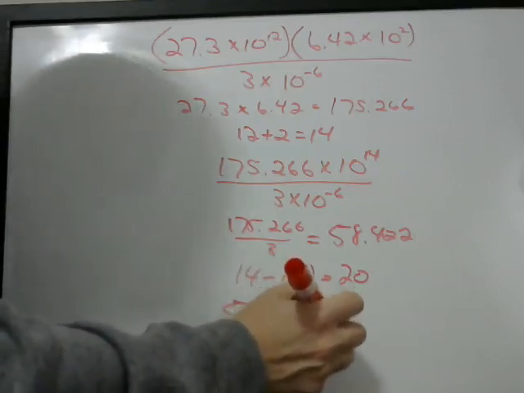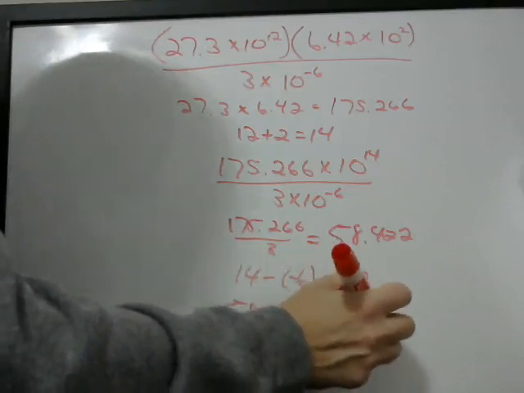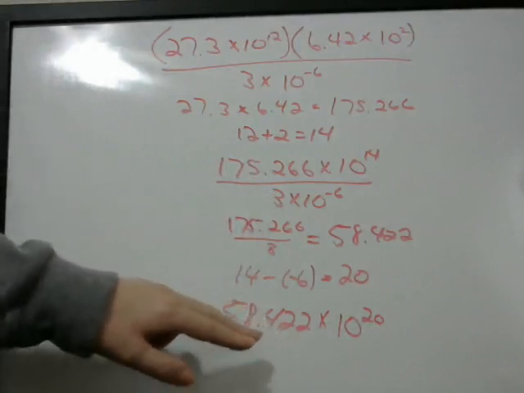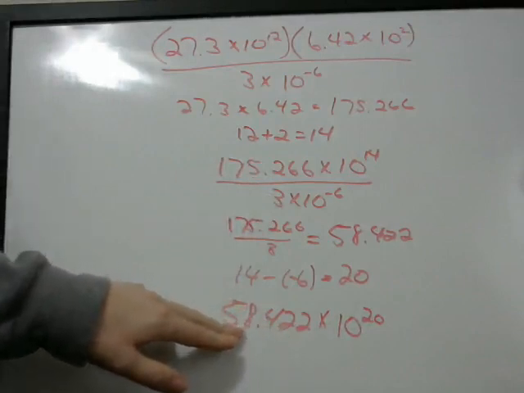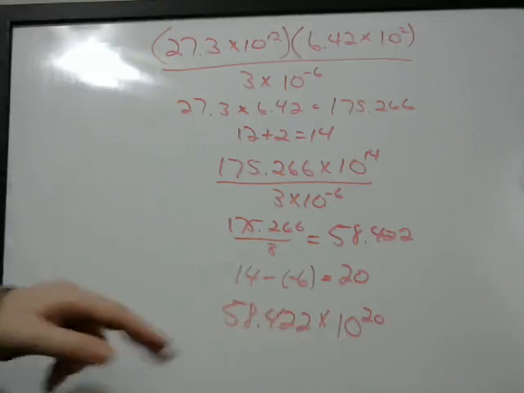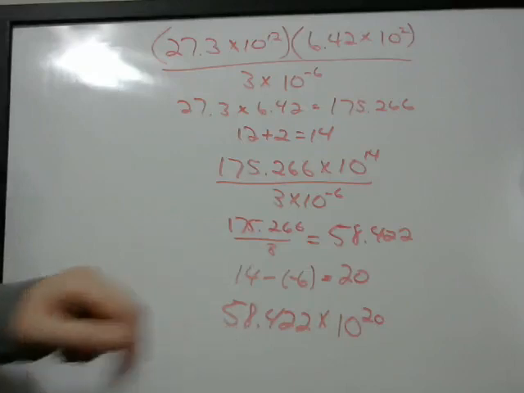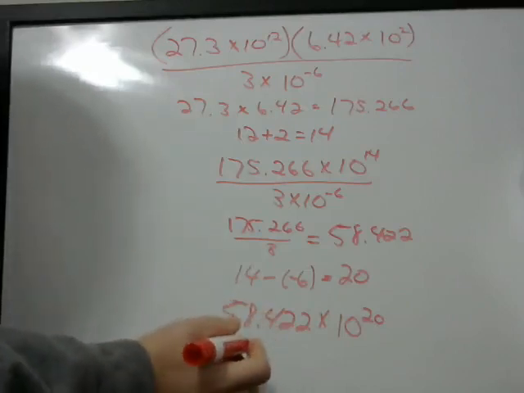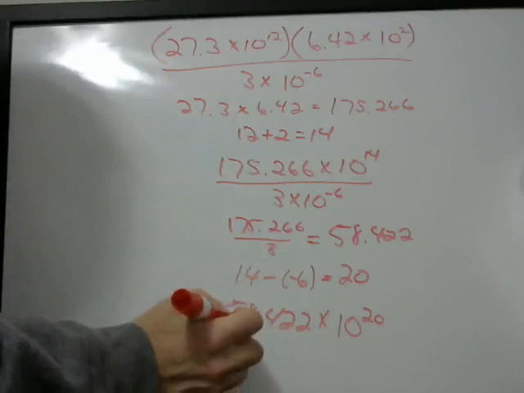58.422 times 10 to the 20th. Now notice though that this isn't really in scientific notation because there should only be one number to the left of the decimal point. So you might look at your answer sheet and this might not be on it. So in order to make this truly into scientific notation, we have to move the decimal to the left one, right?